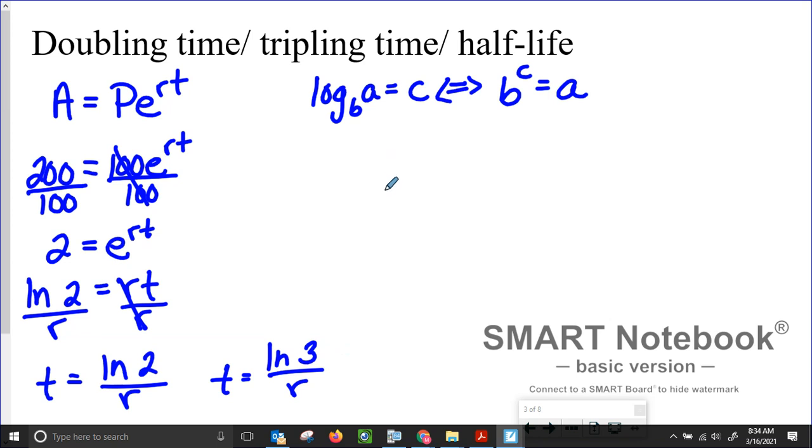And then of course our half-life, I wrote this on the board before. Our formula for half-life is A is equal to P times 1/2 to the T over K power. Yep, this is half-life, absolutely.